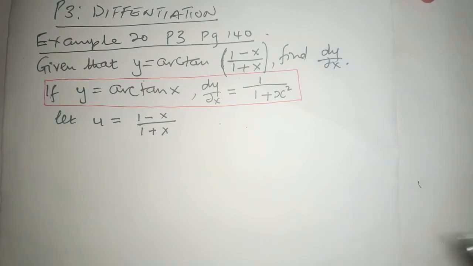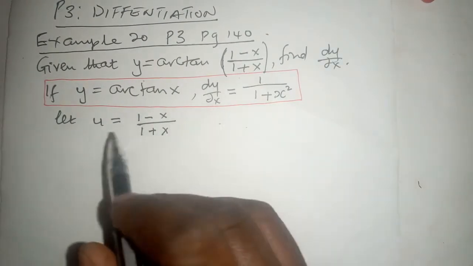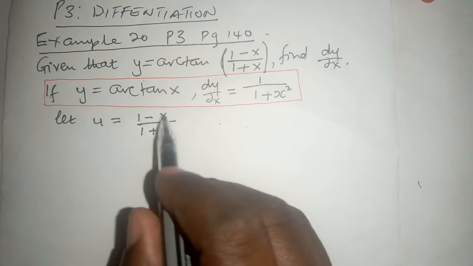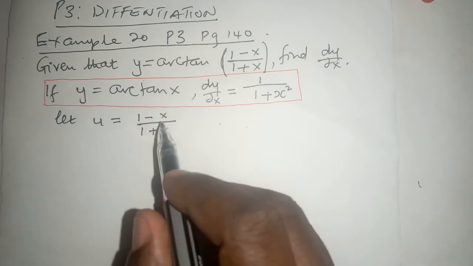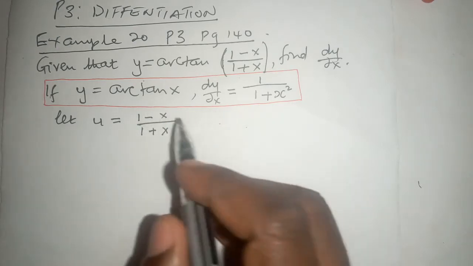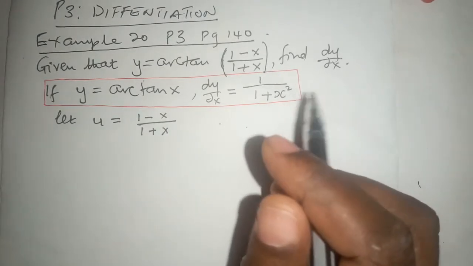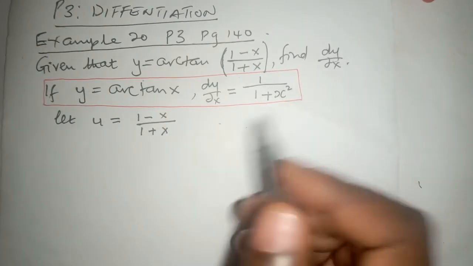At that point, you will realize that if u is equal to this, then it is a fraction. And of course, for a fraction we have to use what we call the quotient rule.